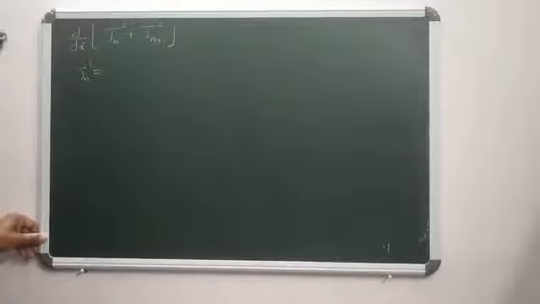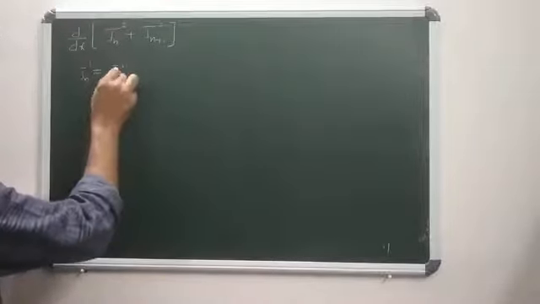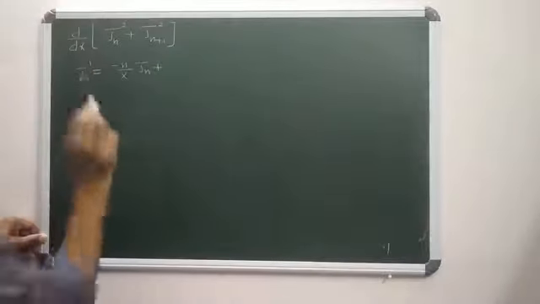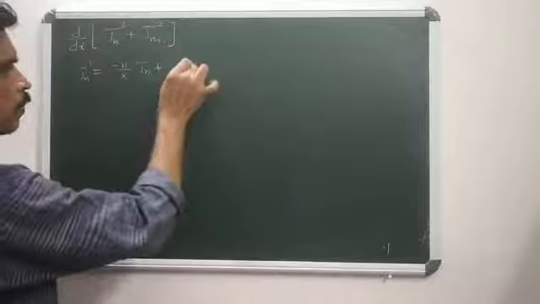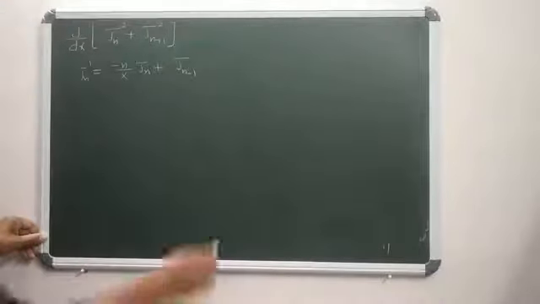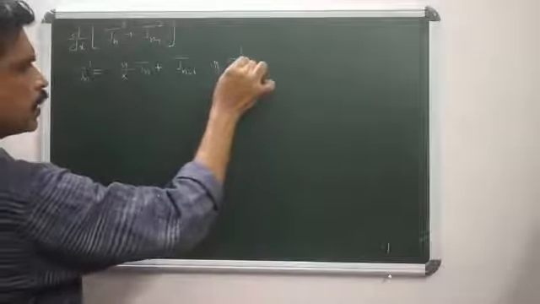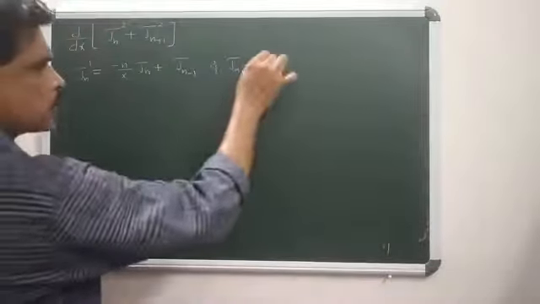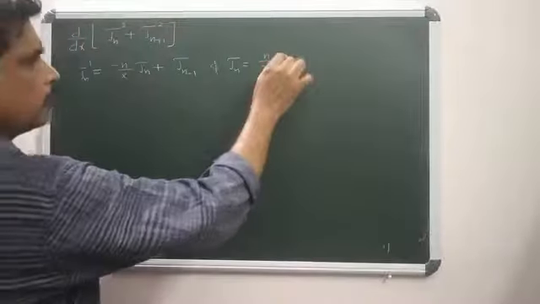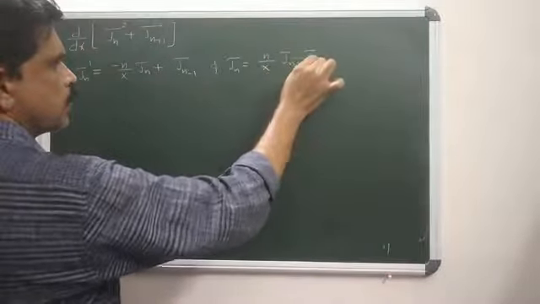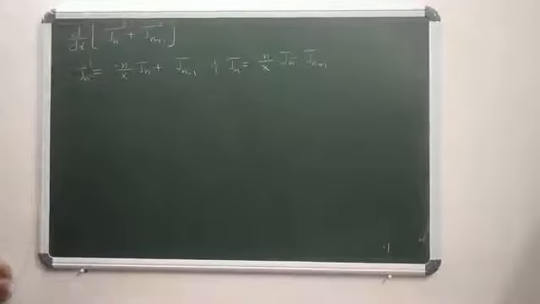One is J_n' equals minus n/x J_n plus J_{n-1}. And another result is J_n' equals n/x J_n minus J_{n+1}. So these are two formulas for the derivative of J_n: J_n' is minus n/x J_n plus J_{n-1}, and again J_n' equals n/x J_n minus J_{n+1}.